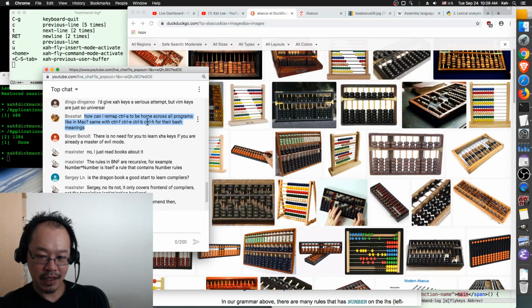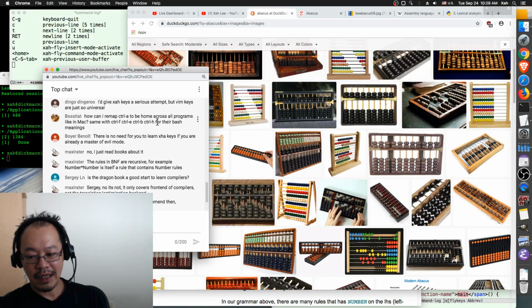You mean the home key or the home command? I don't think that's what you want to do.